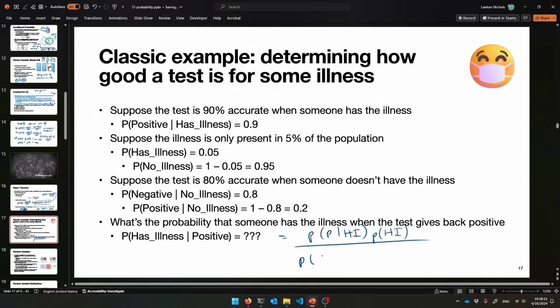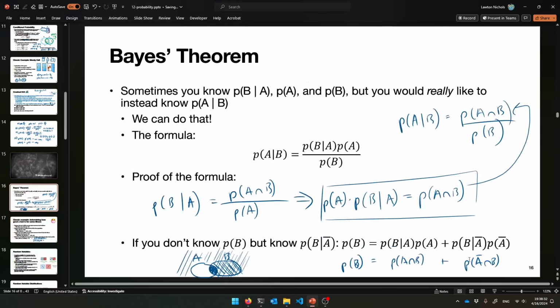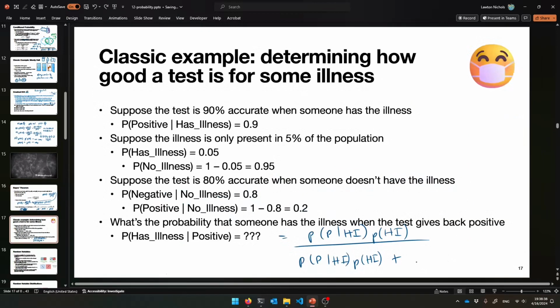You have that, plus the probability that it's positive and you don't have the illness, no illness, let's say NI, times the probability that you don't have the illness. So you see how that's going to be the complement there?